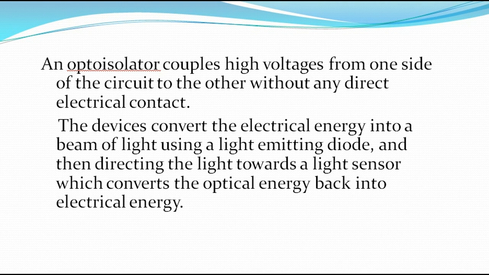It means that if there is noise or an excessive voltage, the part connected to ground will stabilize or neutralize it. And from there, the diode will convert the electrical energy into a beam of light using the light emitting diode, directing the light towards a light sensor, which could be a phototransistor, photodarlington, phototriac, or photo SCR.